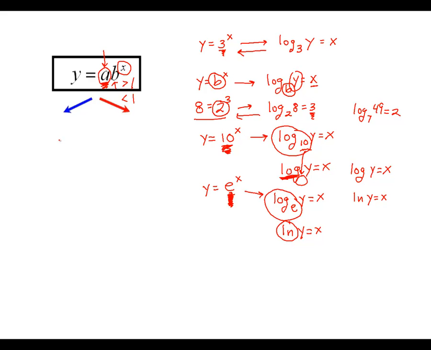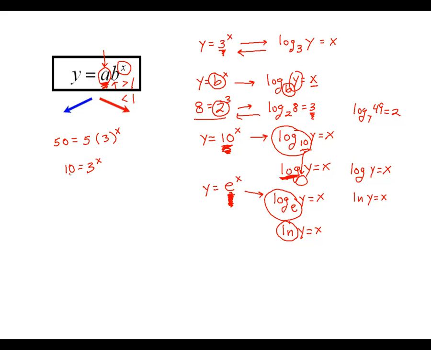So when you have, for example, let's just start off with some simple numbers, 50 equals 5 times 3 to the x, and we want to solve for x, then we're first going to divide by 5, and then we get here and we say, okay, I've got to find out 3 raised to what power is 10?